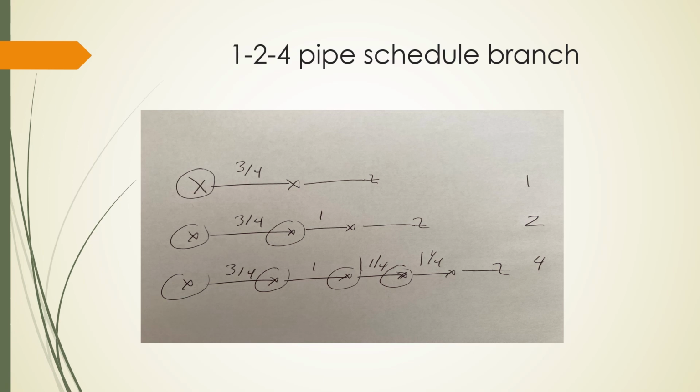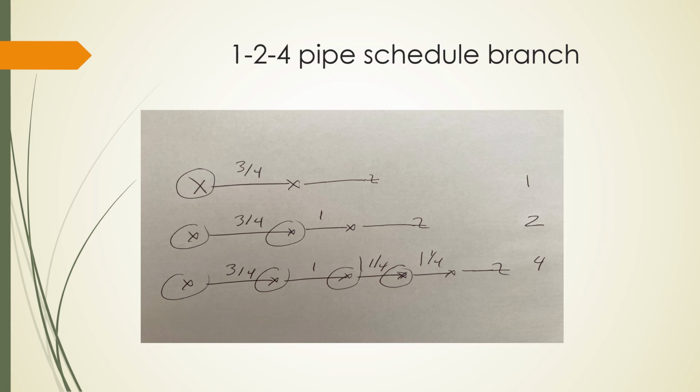So one, if you look to the right, it says one, and then you look to the left. Those X's are sprinklers. The 3/4 inch indicates that it's a 3/4 inch line, and you can see that there's what appears to be a line with this kind of squiggle mark there. And all it says is that the one indicates that one pipe, in this case the 3/4 inch line, is feeding one sprinkler head.